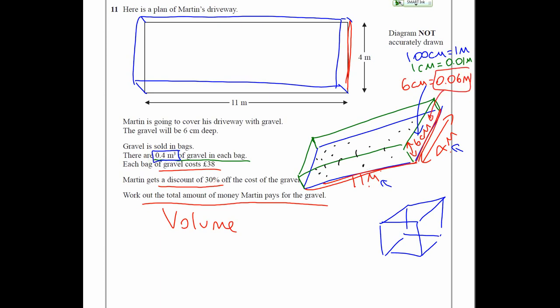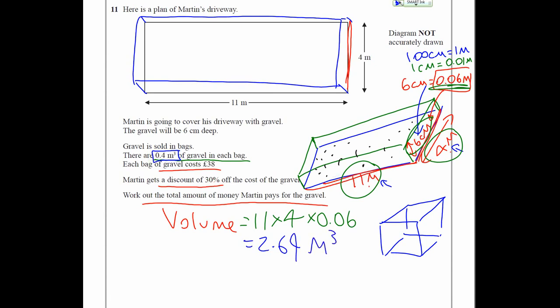So, for the volume, 11 times by 4 times by not 6, but the same thing in meters, 0.06. 11 times 4 times 0.06 gives you 2.64. Now look, that is meters cubed.